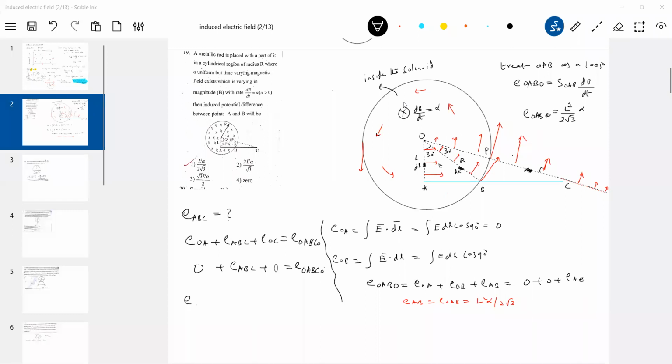And now how to calculate this one? Area of the triangle SOABO plus SOBPO. I'm writing in small letters, into dB by dt.